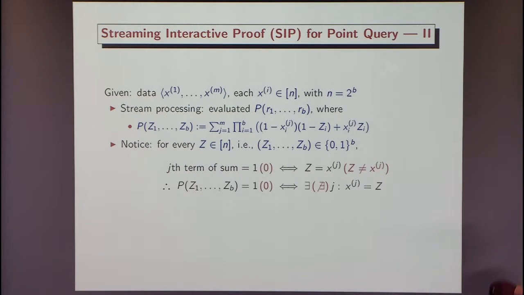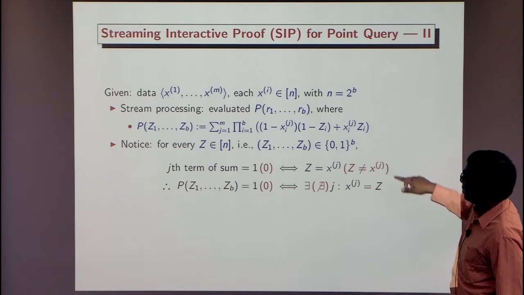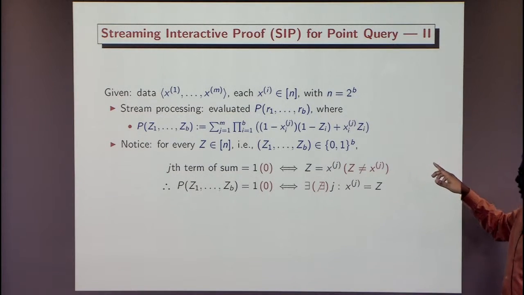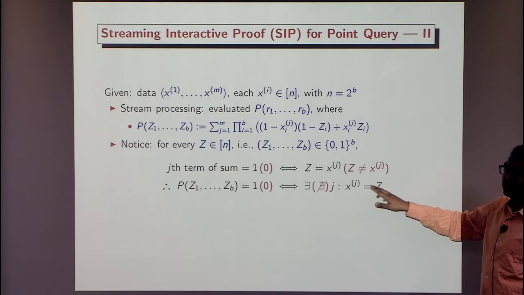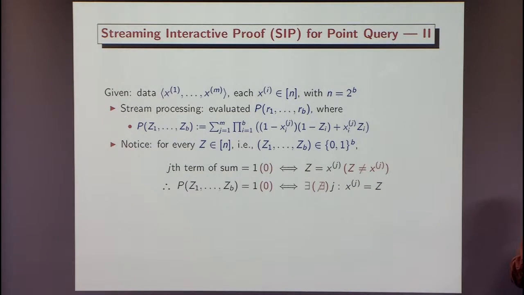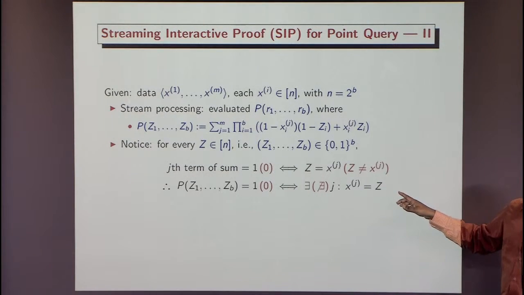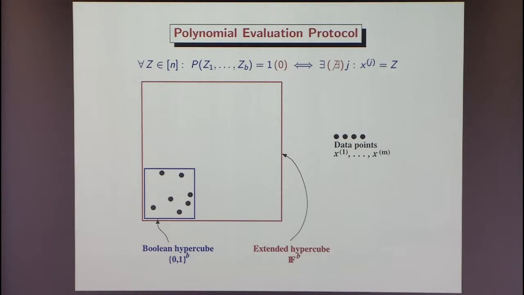So the net effect is that the sum computes the number of times that a particular item z appears in the stream. Now, because I assumed that the elements of the stream were all distinct, this count is really telling you whether the item z appeared in the stream or not. So hopefully this interpretation makes sense. If you plug in Boolean values, it tells you the presence or absence of the numbers in the stream. But now, of course, you're free to plug in things that are not Boolean.